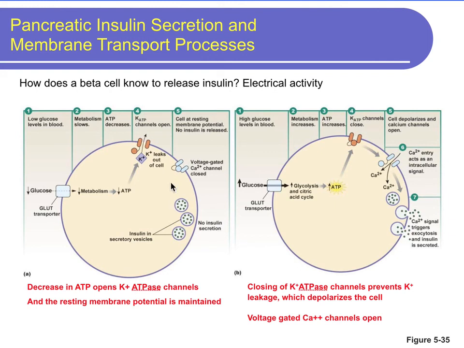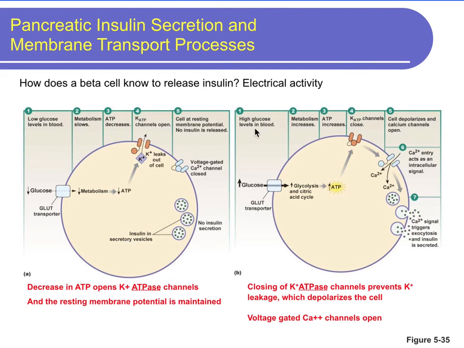And calcium, we haven't talked about yet, but calcium is higher extracellularly compared to intracellularly. So calcium does not move in, and calcium, when it comes into the cell, causes these vesicles to exocytose. It's like the signal telling it to release. But because calcium did not come in, the vesicles will not exocytose, and hence no insulin is secreted.